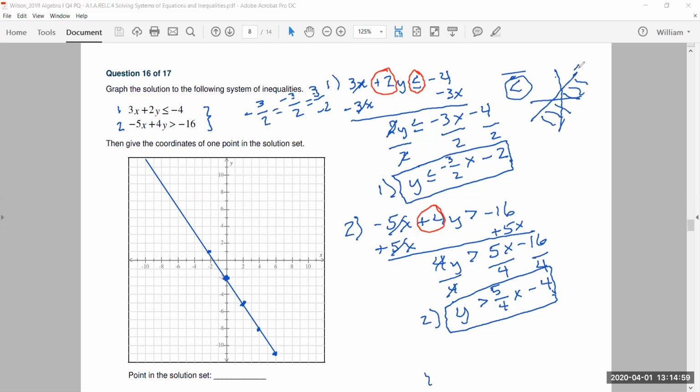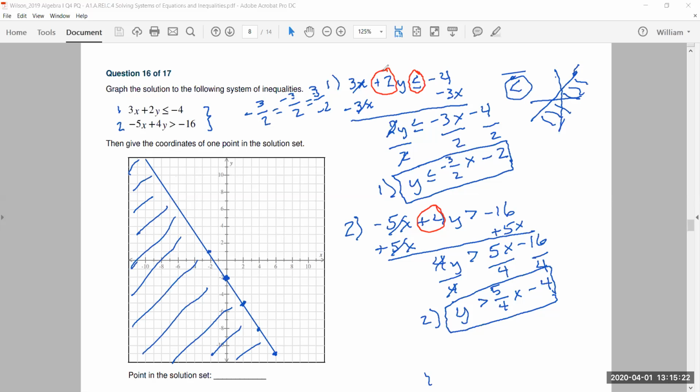It's as if this were a roof line. I'm going to shade below the line. So in this case, this is less than or equal, so I'm going to shade this way. And so that describes the solution set, including the line, because the line is solid for that particular inequality.